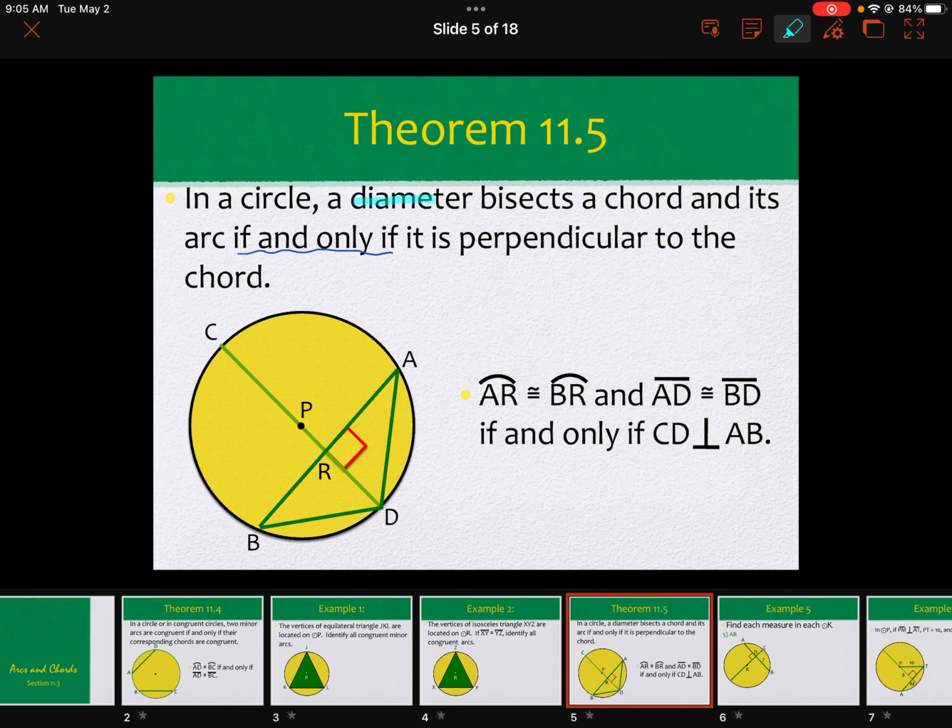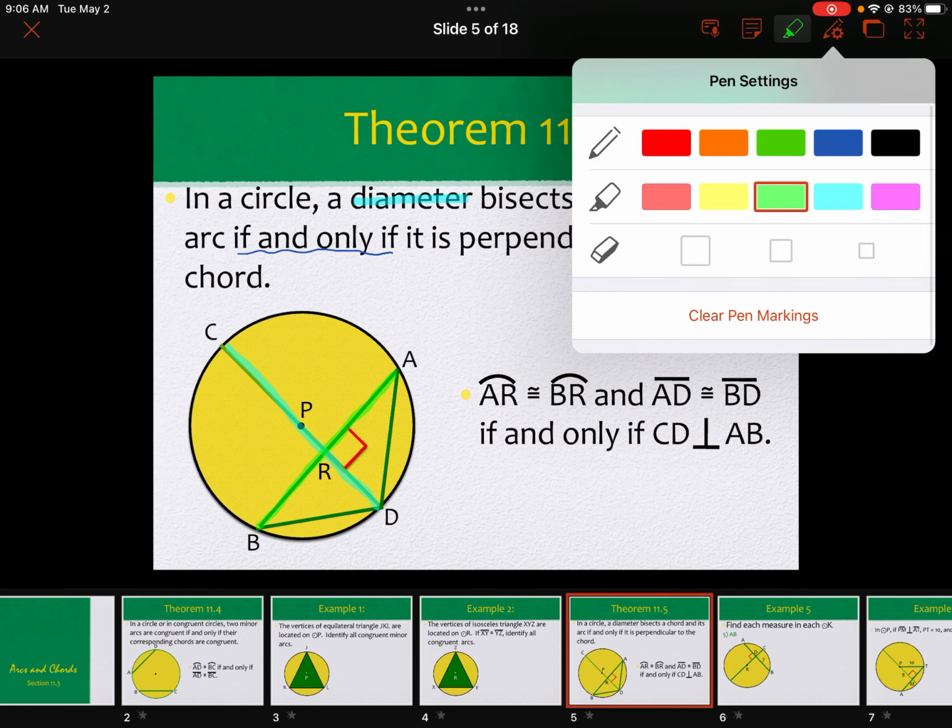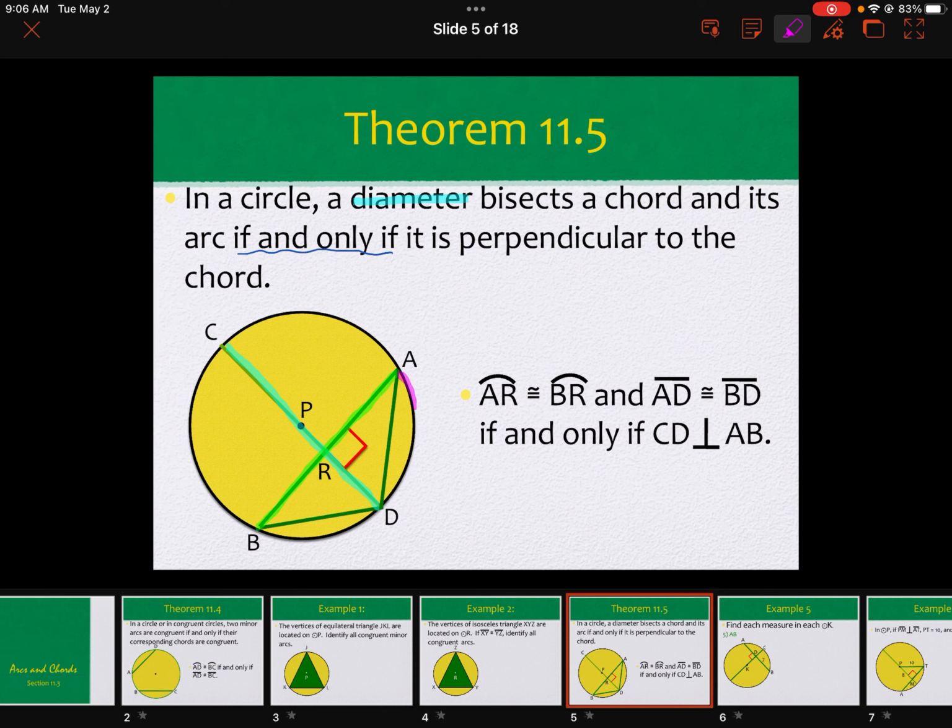So we're saying a diameter, I'll make that guy blue. The diameter is this guy. If that guy bisects a chord, the chord would be this green guy, and its arc, I'll make the arc purple, if and only if it's perpendicular to the chord.